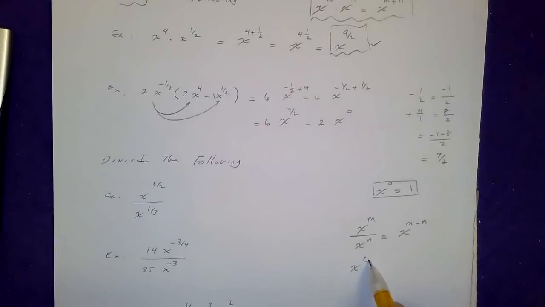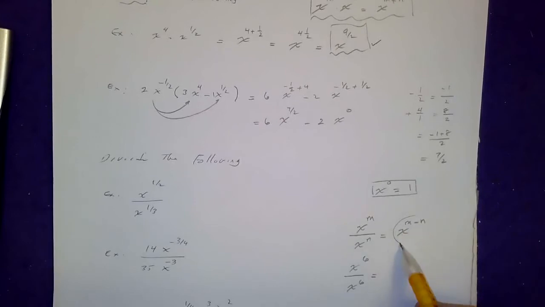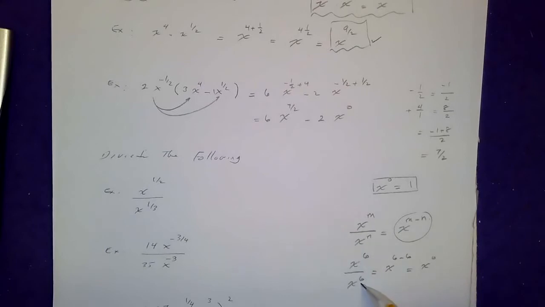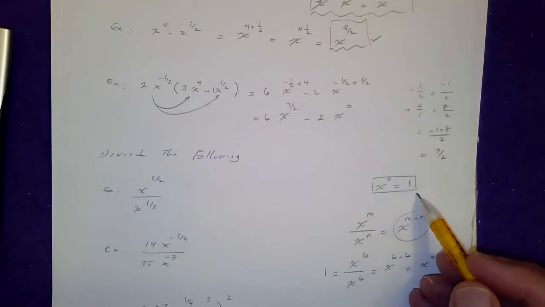Suppose I'm dividing x to the 6 by x to the 6. If I follow this rule, that will be x to the 6 minus 6, which is x to the 0. But any number divided by itself is 1. So that confirms the fact that x to the 0 is 1.